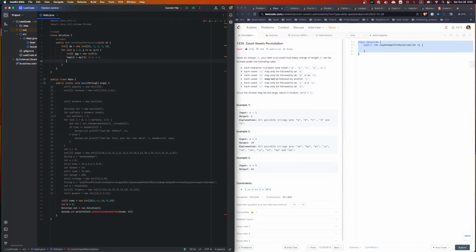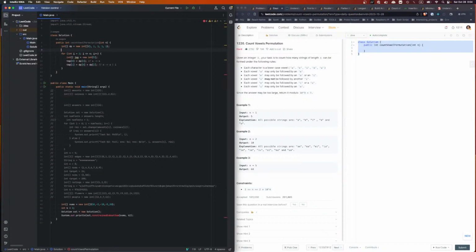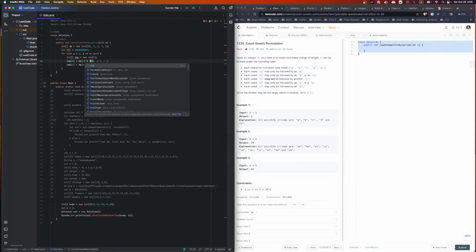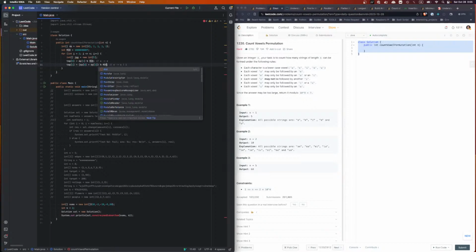Okay, and temp 1 shall equal to dp 0 plus dp 2. Right, this is e, a or i. Oh, we need a mod. 1, 2, 3, 4, 5, 6, 7, 8, 9. Okay. So mod.